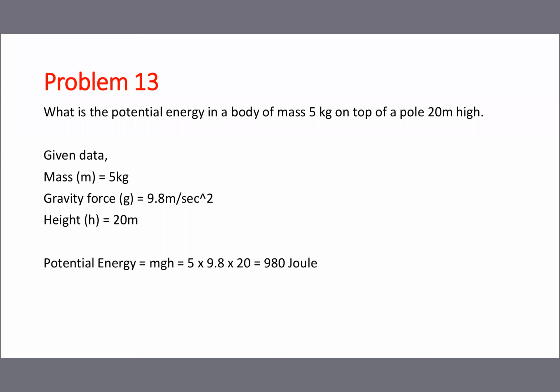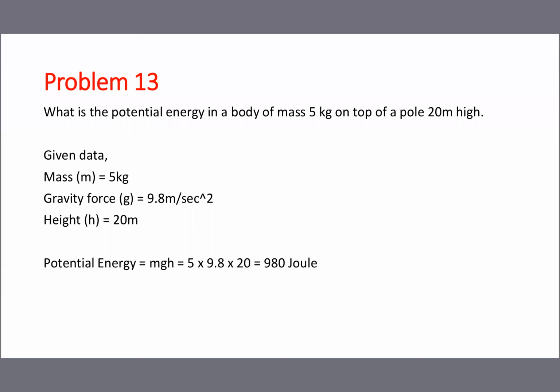Now we are going for the third part, energy. What is the potential energy of a body of mass 5 kg on top of a pole 20 meter height? Start the problem from the question. Potential energy formula is mgh. Mass is given as 5 kg.